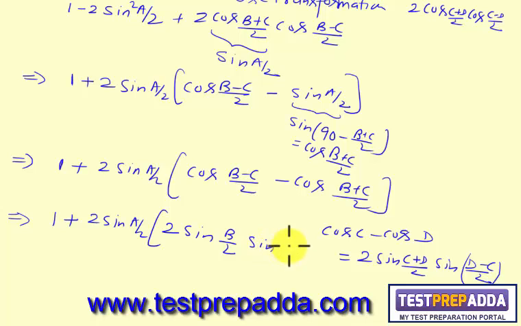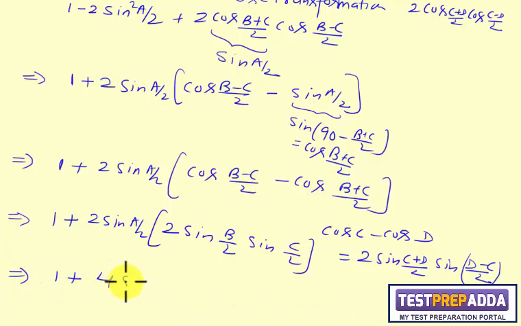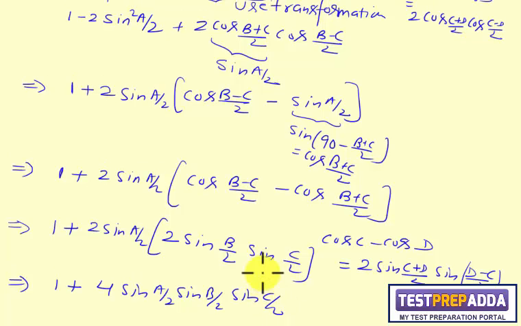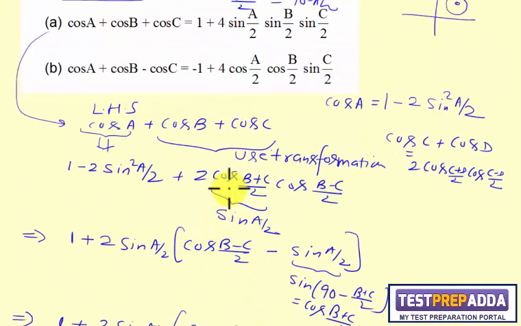Sin C by 2. So the result comes as 1 plus 4 sin A by 2 sin B by 2 sin C by 2. What is given? Just check. It's 1 plus 4 sin A by 2 sin B by 2 sin C by 2.